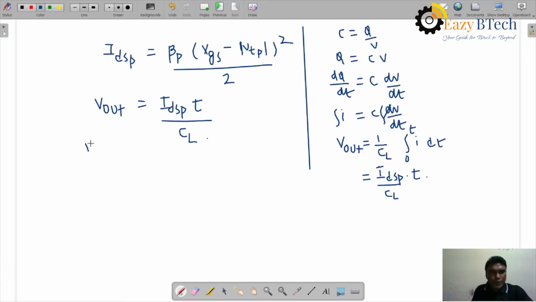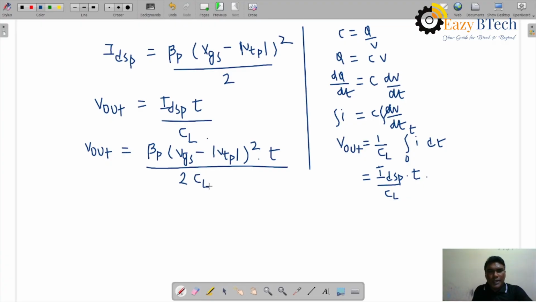Then V out is equal to, substituting IDSP, beta P into (VGS minus the magnitude of the threshold voltage of the PMOS transistor) whole square, into T as it is, divided by 2 into CL.